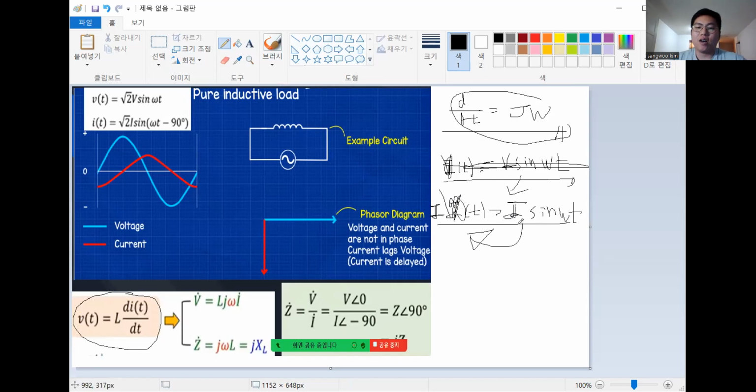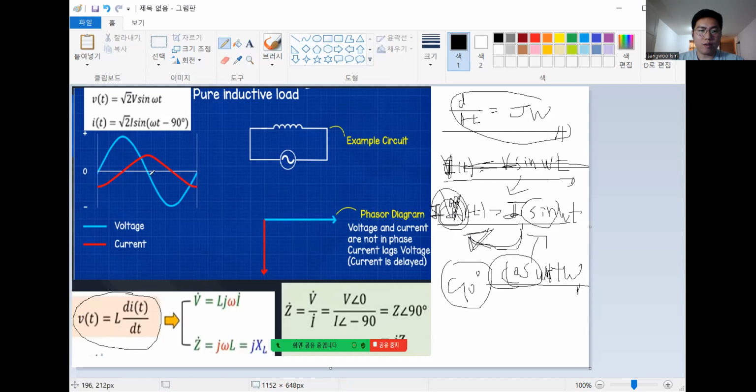So if we do a differential, the cosine of omega t changes here, right? Omega t plus just omega. That means the phase changes, and this part is going to be a 90 degree lead.